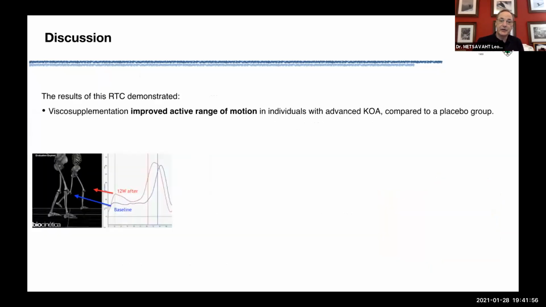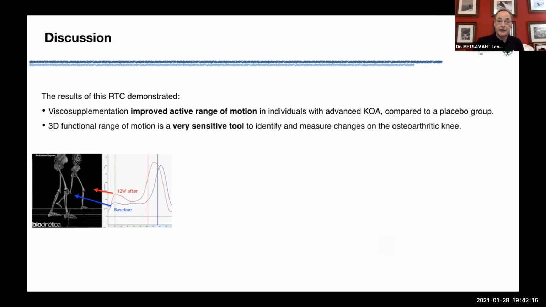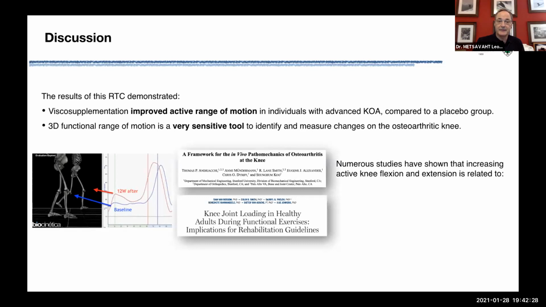And this study showed us that visco-supplementation improved the active range of motion in individuals with advanced knee osteoarthritis. With advanced knee osteoarthritis, we can extrapolate that to people with less aggressive knee osteoarthritis. And the 3D functional range of motion is very sensitive to identify and measure changes in osteoarthritic knees, even in small samples, because it's a very precise measure.